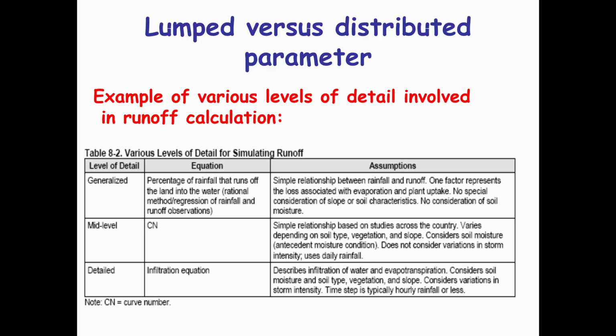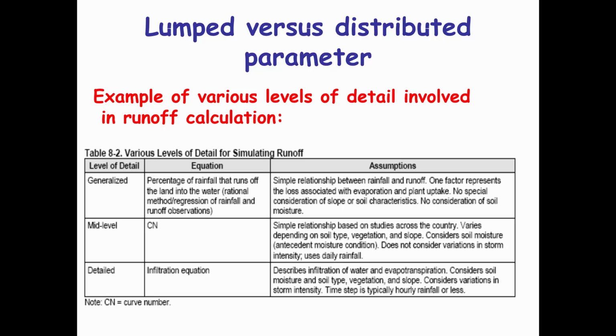There's no detail about how the runoff is distributed over time. There's no detail about the effect of rainfall intensity on the runoff generation process. So it's a very crude way of representing runoff, and it's for a whole watershed area.